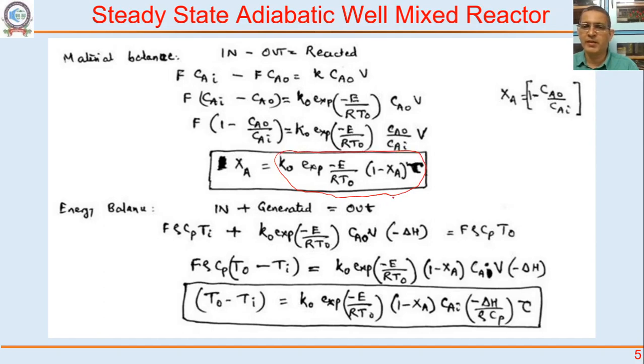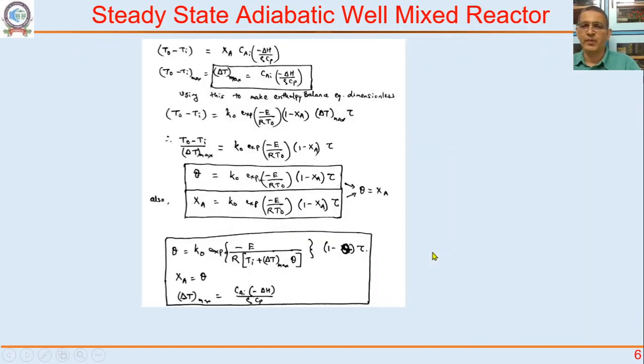This is the same thing that appears here, K naught exponent of minus E by RT, 1 minus XA, tau. It is the same thing that appears here. So I can substitute the left hand side of this, that is XA. So T naught minus Ti would be XA CAI delta H by rho Cp. That's what we have written here. Right? This is that equation.